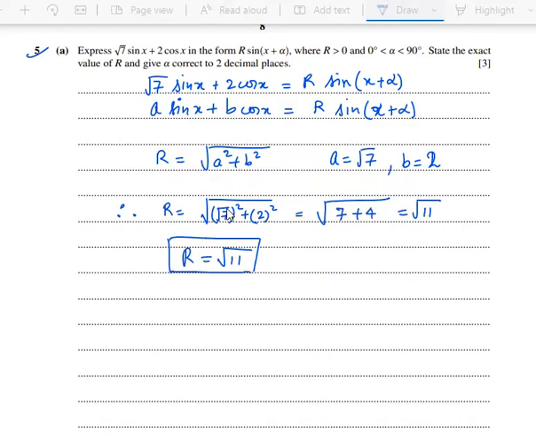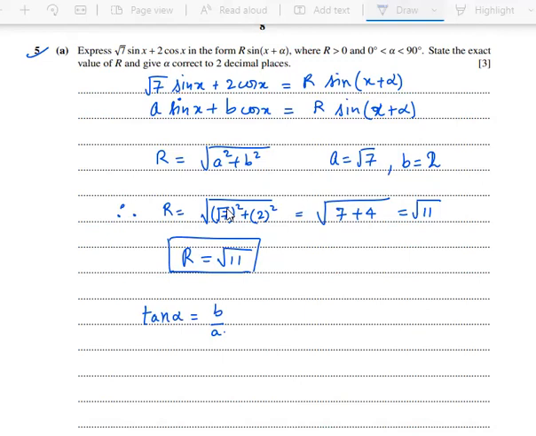Next thing is we have to find alpha. If I open r sine of x plus alpha using sine of a plus b, we will get r cos alpha times sine x and r sine alpha times cos x. So tan alpha is defined as b over a, because b is r sine alpha and a is r cos alpha.